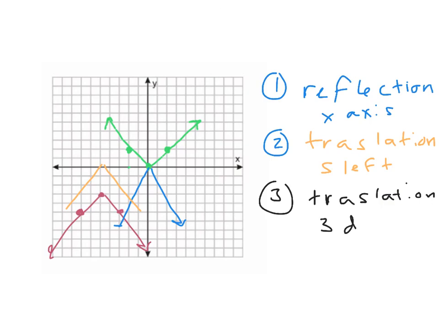Three down, which gives us the graph we need. Perfect.